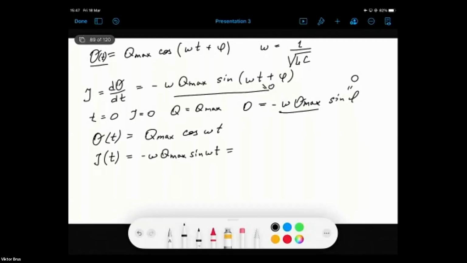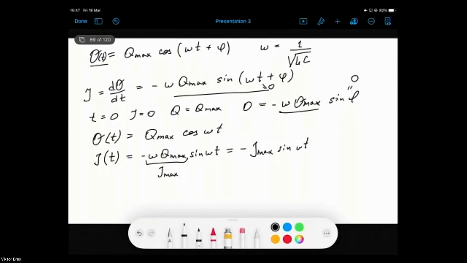Or we can write, instead of these two terms, just I maximum. It will be minus I maximum times sinus omega t. So we have these equations which describe time dependence of electric current and electric charge.